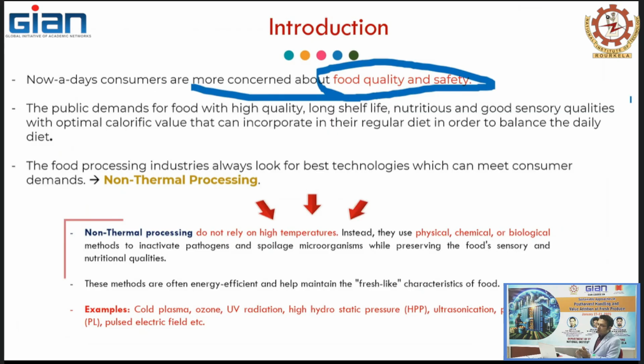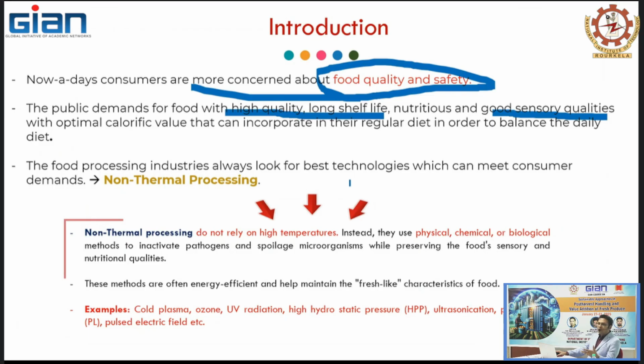We want the specific quality expected from particular fruits and vegetables, and at the same time the demand is for high quality, long shelf life, whatever nutrient components are supposed to be there, as well as good sensory qualities.